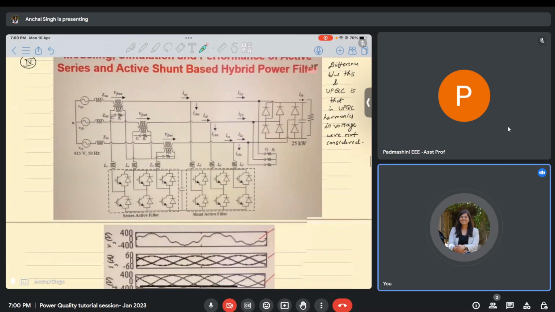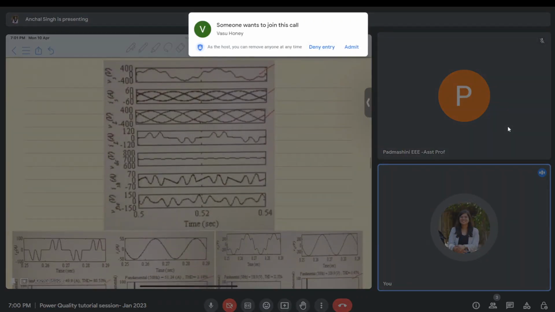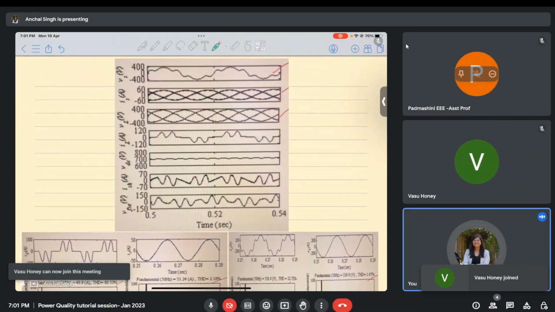This is the last example, and here we are considering both active filters, active series and active shunt filters. In this particular case also, the sinusoidal currents are beautifully balanced in nature.